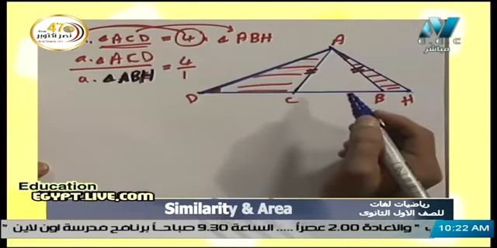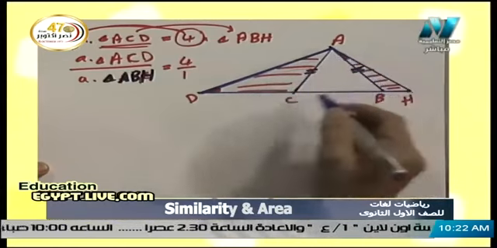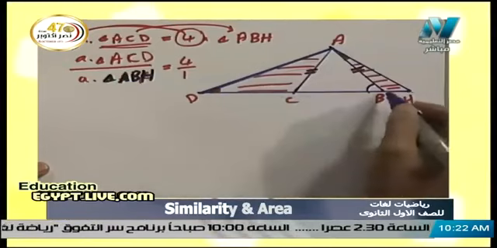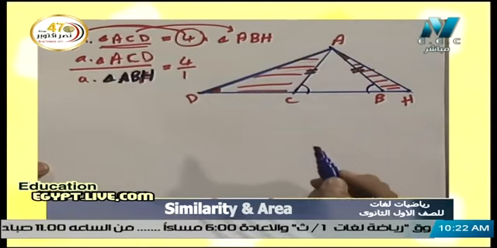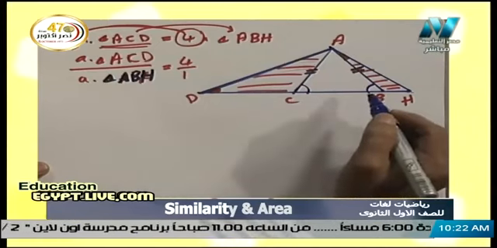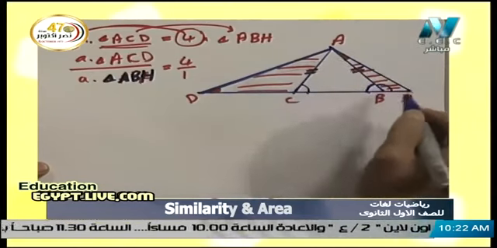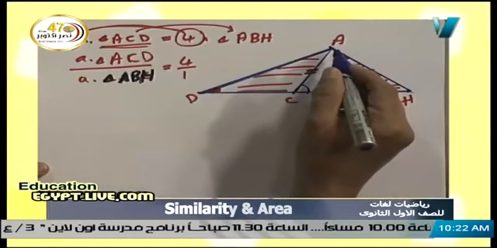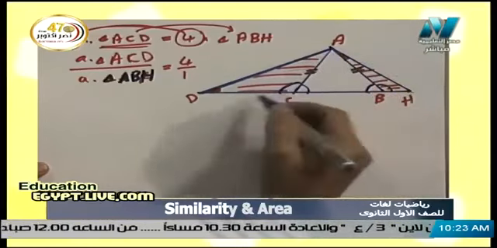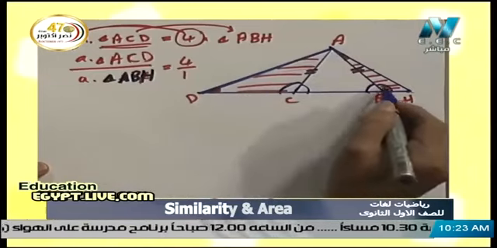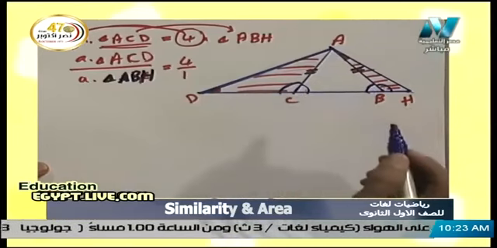We know from our studying that AB equal AC means that measure angle ABC equals measure angle ACB, from the properties of isosceles triangle. And also we know that this angle is supplement to this angle, which is ABH, and the angle ACB is supplement also to the angle ACD, and the supplements are equal when the angles themselves are equal.